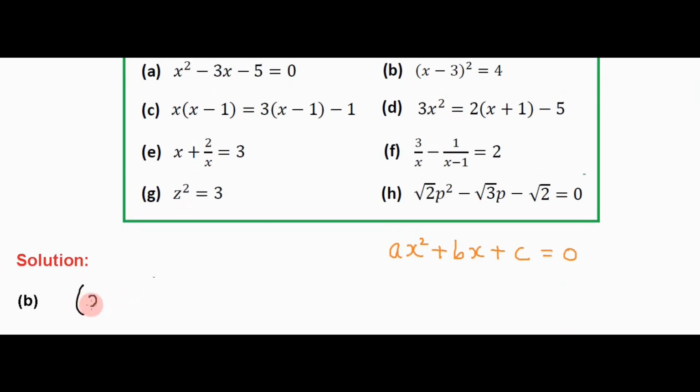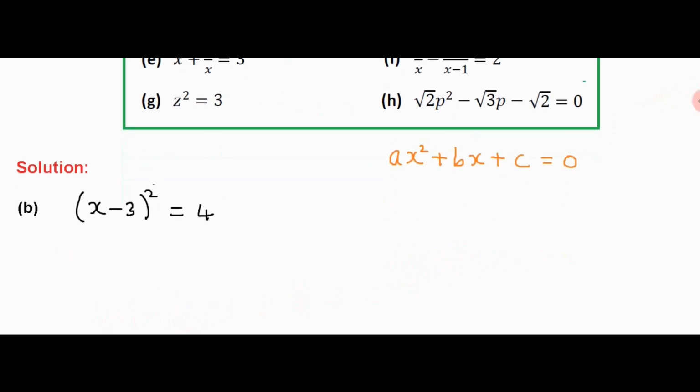So we have x minus 3 all squared equals 4. Now, the equation here is not in standard quadratic form. So we first have to write it in standard quadratic form. And we can start by squaring out the left-hand side.